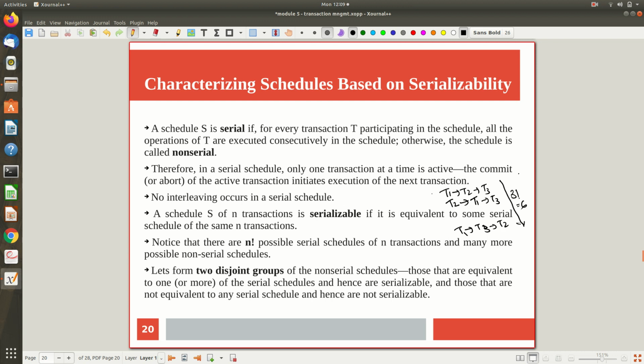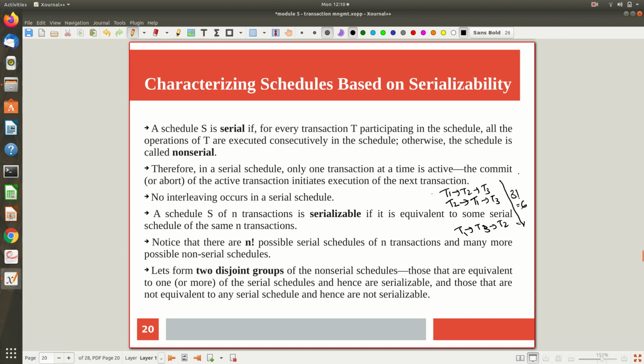A non-serial schedule you can map to a serial schedule. We will see how this mapping is done. So if I can find a serial order, or the result given by the non-serial schedule as well as some serial schedule are the same, I can say that the non-serial schedule is serializable to some equivalent serial schedule.